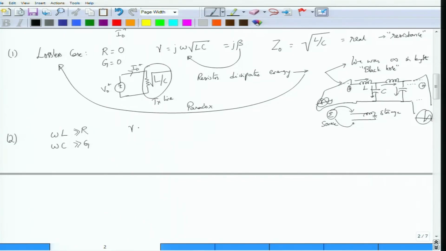Gamma will be approximately j omega square root of L C and Z0 will be approximately square root of L by C. So, this case, which we can call the high frequency case, is almost similar to the lossless case. In the lossless case, there was only propagation, no attenuation, the characteristic impedance was real, and the same thing continues for the high frequency line also.